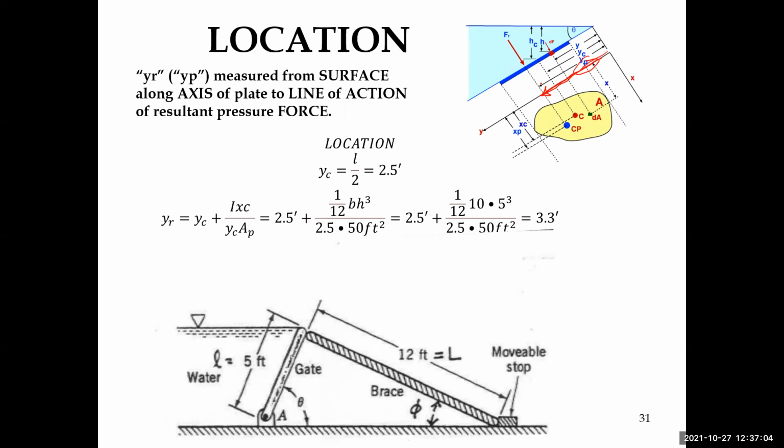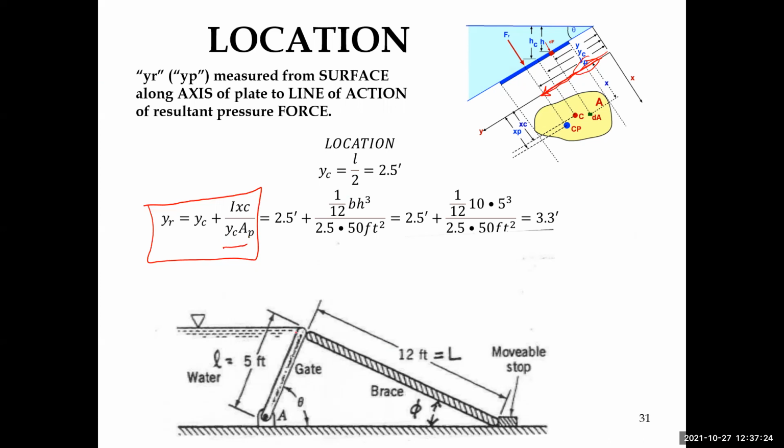So we have an expression that we use to find the value of Y sub R. So this is the engineering. The engineering is easy. Engineering says that Y sub R is equal to Y sub C, which is the distance to the centroid, plus I x c over Y sub C times the area.